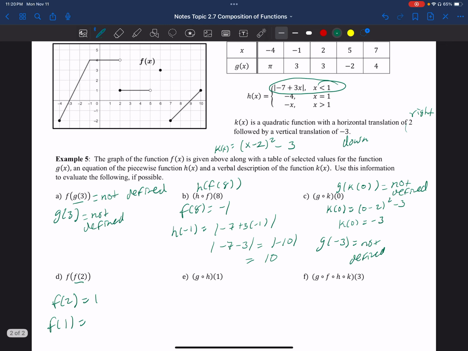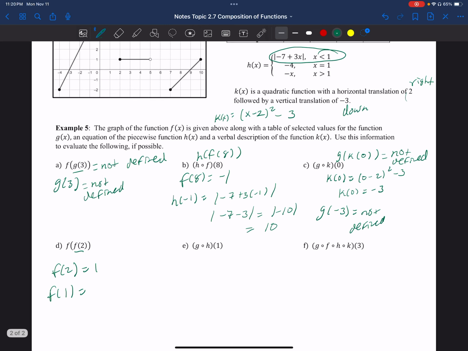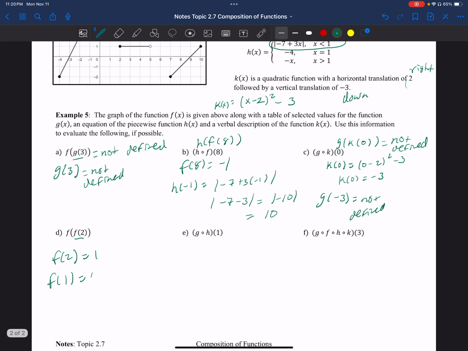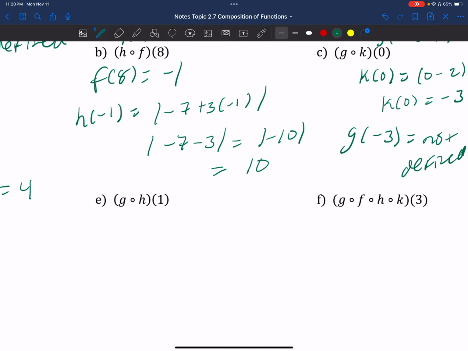So when x is 1, my y value is 4 in that graph. So I know that f of 2 is equal to f of 1, which is equal to 4. Going back to rewriting them like I've been telling you.